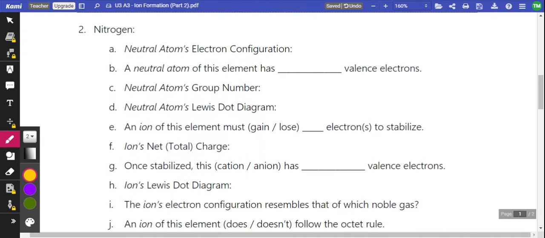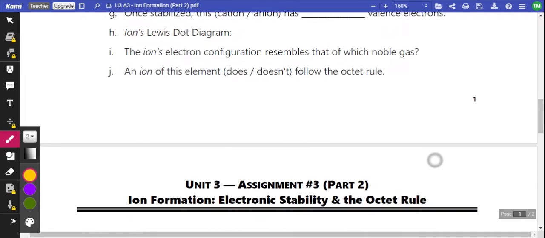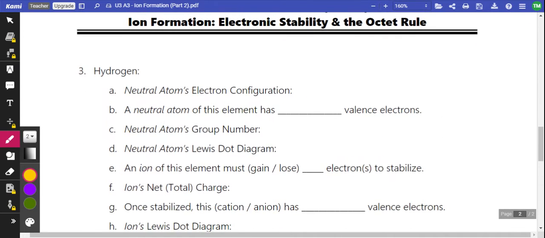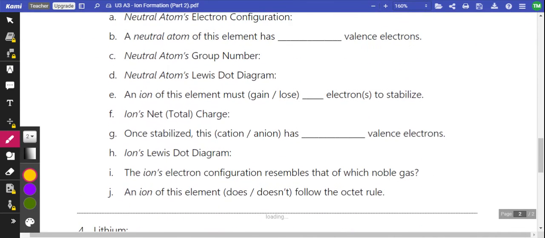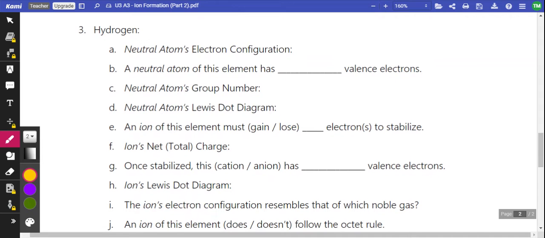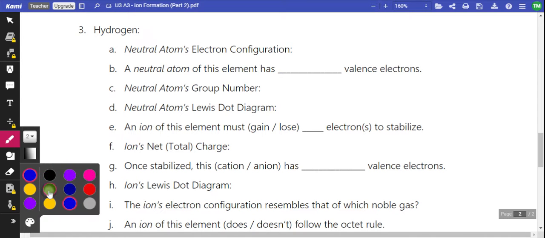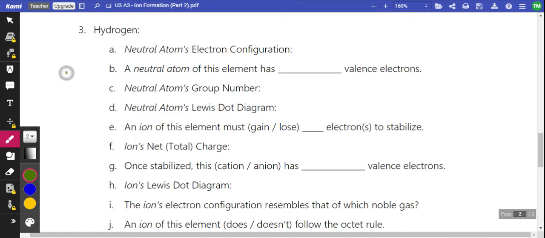Scroll down here. Nitrogen is pretty similar to some of the others we did, so we'll skip that one. Hydrogen, lithium. Yeah, hydrogen is an interesting one. We'll do this one. I think that will give you enough to figure out the rest. So just like before, 8, 7, 6, 5, 4, 3, 2, 1, 0.